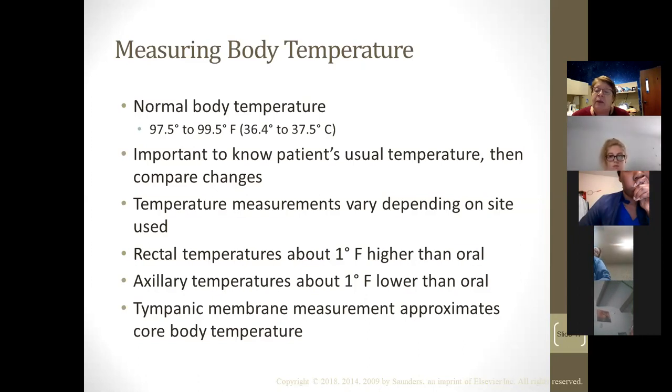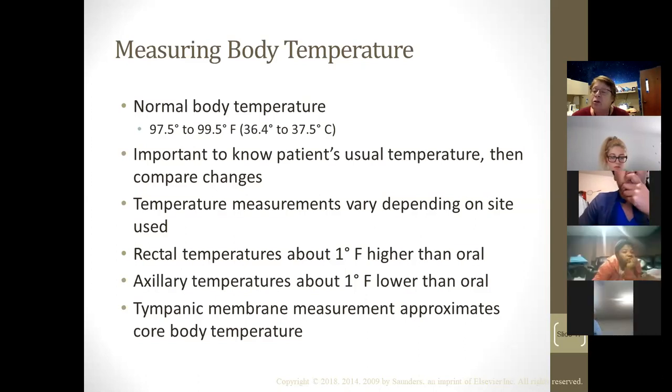It depends on what kind of measurement device you use. If we use a rectal thermometer, temperatures are about 1 degree higher than an oral temperature. And axillary temperature, where do we take axillary temperatures? Armpit. Yeah, that goes under the arm, okay? It's usually about 1 degree lower than oral.